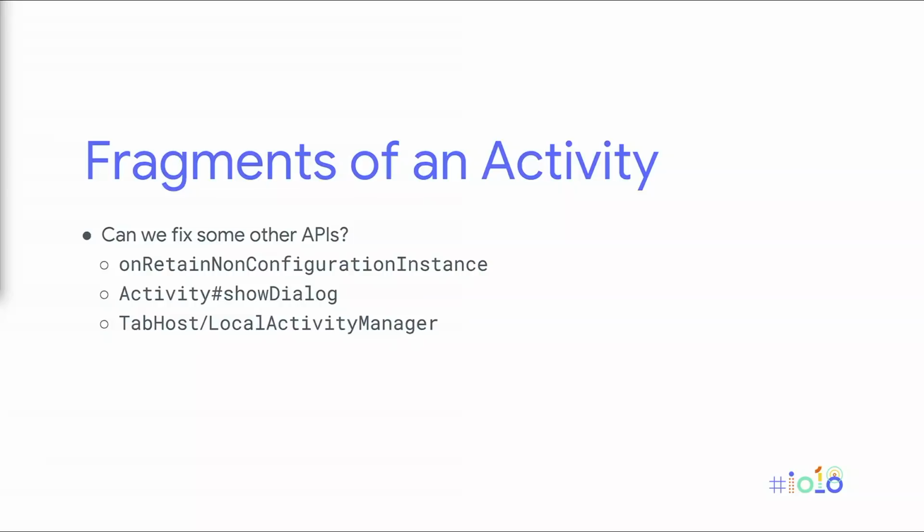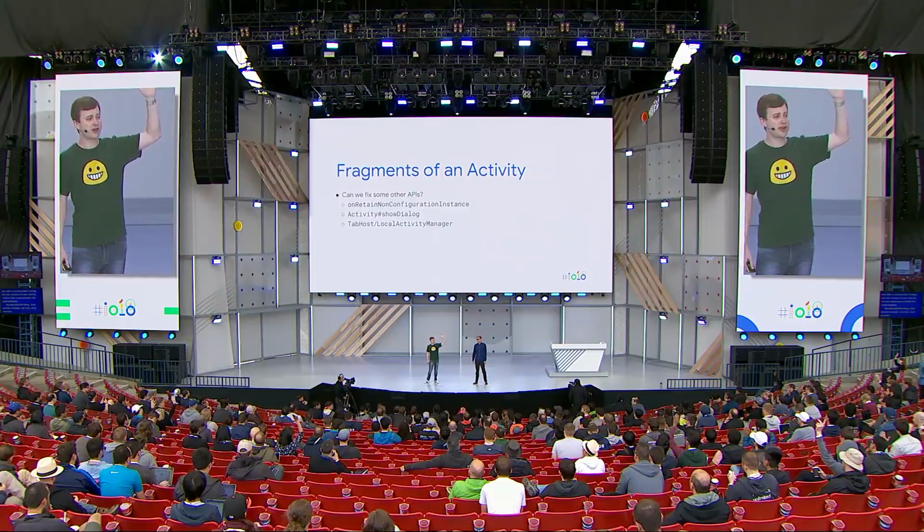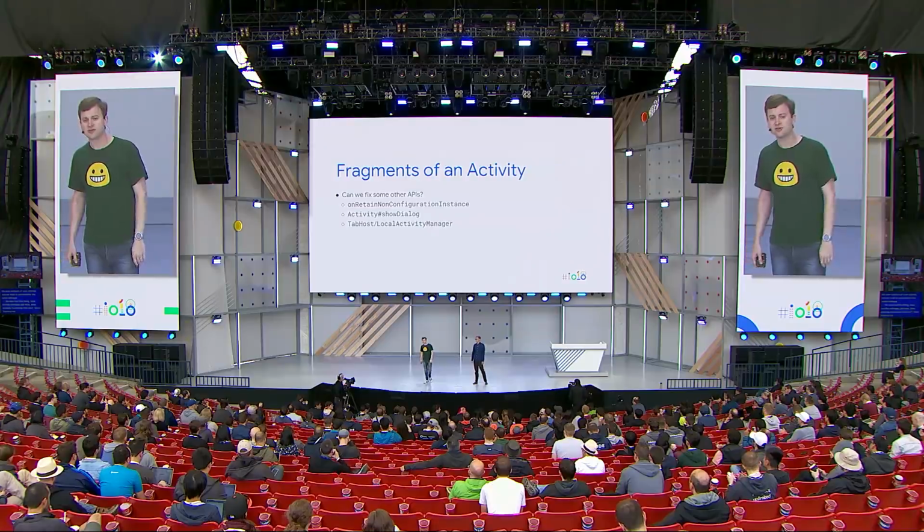We also had this thing, local activity manager, tab host. Does anybody remember this one? Wow, that is a lot more hands than I thought I would see. So some of you might remember this from, for example, the original Dialer and Contacts app back in the Android 2.0 days. And as you swap between tabs between the normal number pad and your contact list or call log, et cetera, those were actually separate activities showing within a smaller window within an activity.